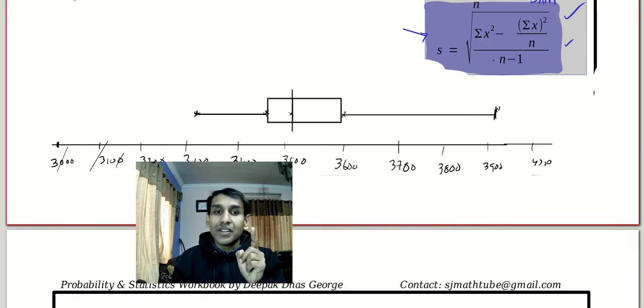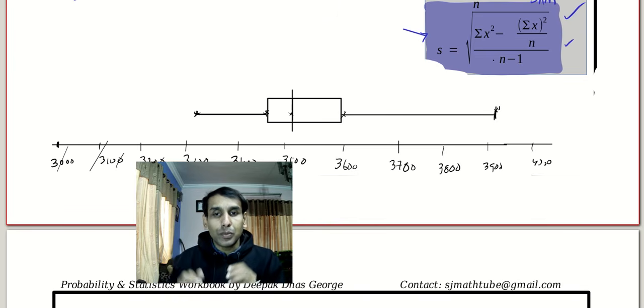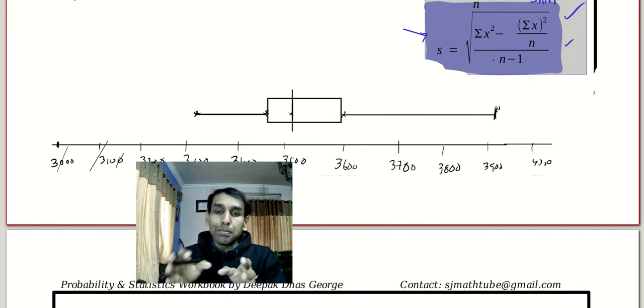Question number 1, theory question: how do you construct a box plot? Second, they will give you data and ask you to construct a box plot. Third type, they will give you a box plot or many box plots and ask you to do a comparison, interpretation, etc. That's it.